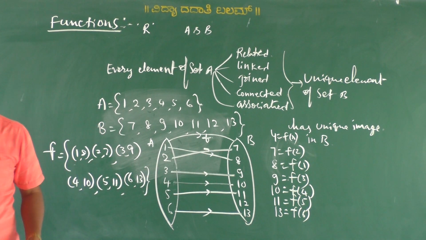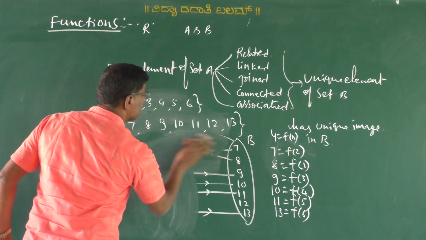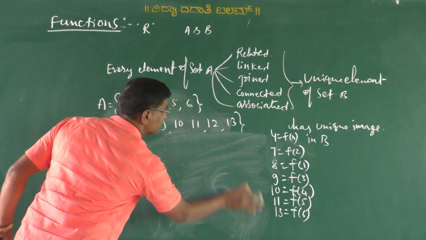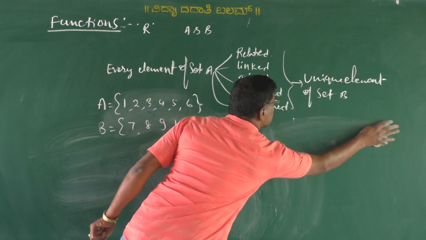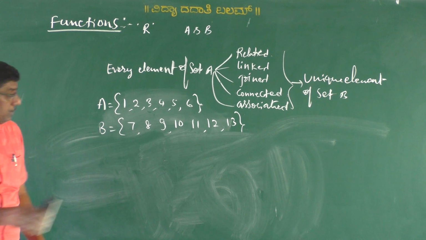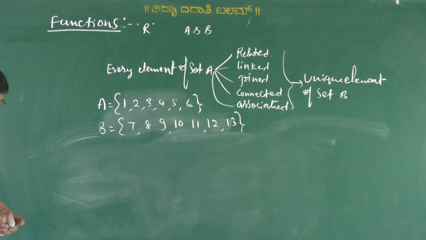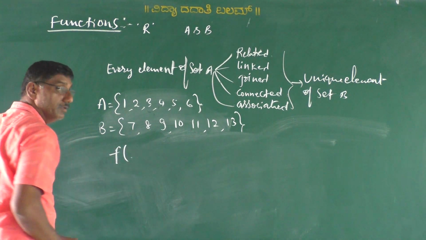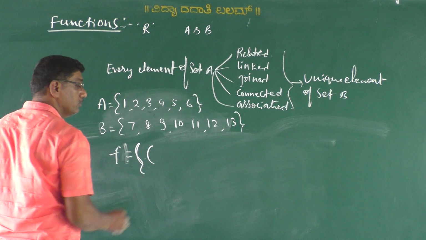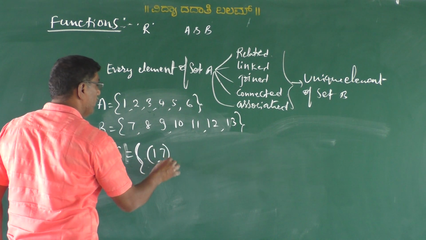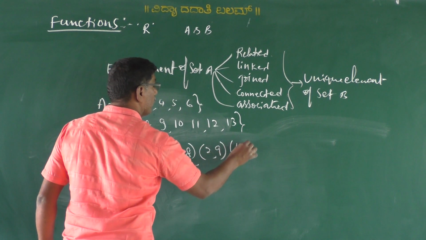Yes. Now I am going to give one example from these two sets. f is equal to the set of all ordered pairs (1, 7), (2, 8), (2, 9), (4, 11).